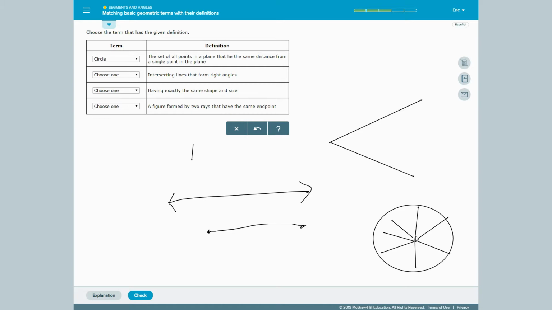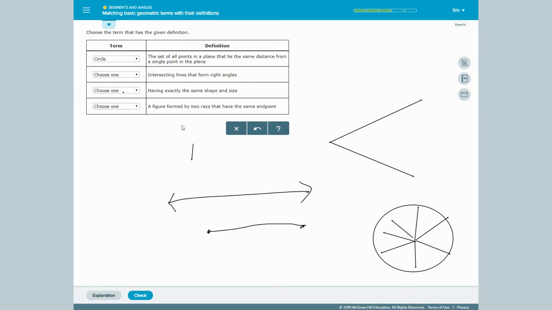You'll learn about that in a future topic, and that's called radius. But basically, to make it easy, the most complex definition up here will be circle: the set of all points in a plane that lie the same distance from a single point in the plane. That's a circle. Otherwise, it's an oval. And lastly, we have congruent. Ready? The hardest one up here. Congruent is same. Same size, same shape, just same.